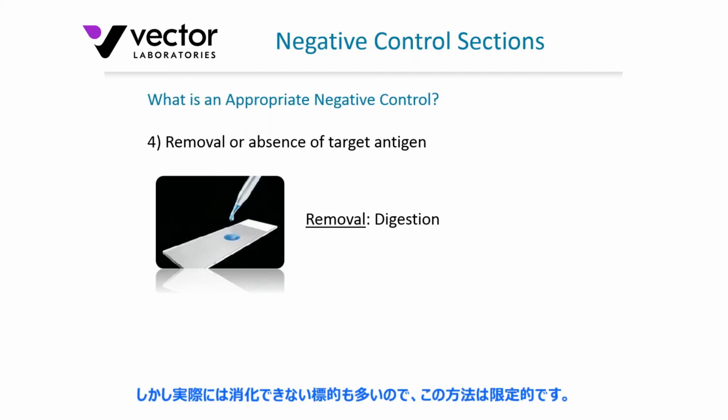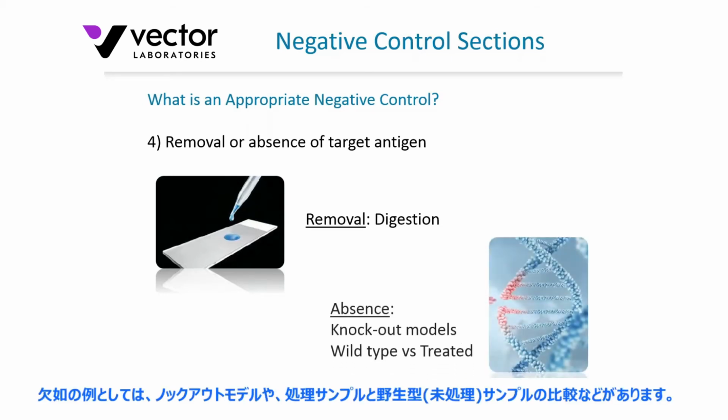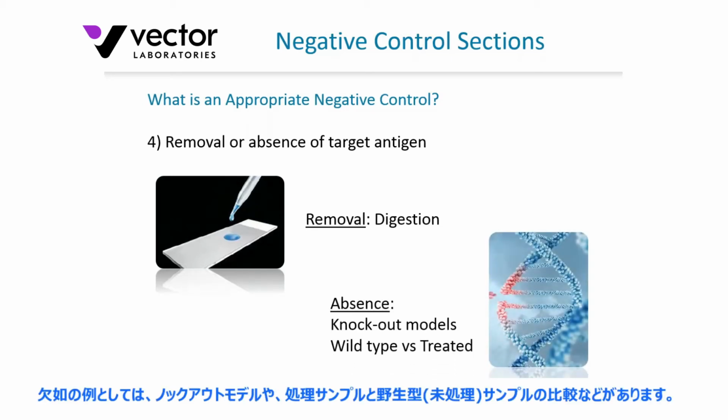I understand that may not be an option for a lot of investigators. You can't really digest out a cytokine or something like that. In those cases, though, there may be other options such as knockout models or indeed treated versus untreated wild type, etc., where the antigen is present in some, whether it be treated or untreated, and not present in the other.